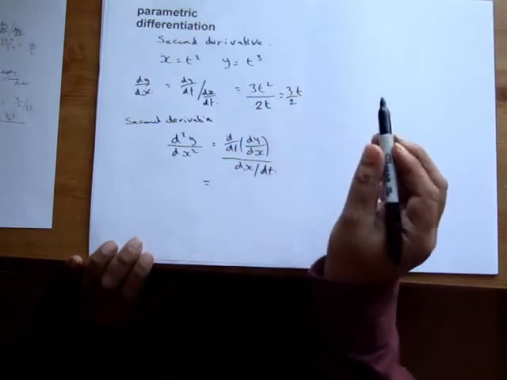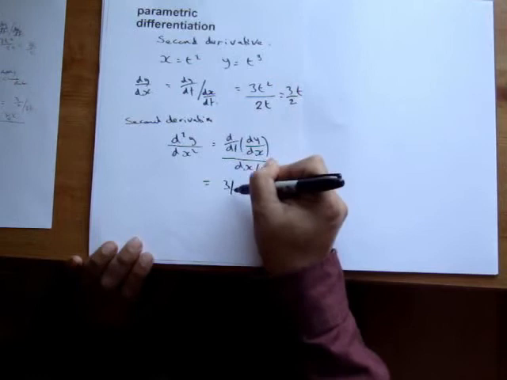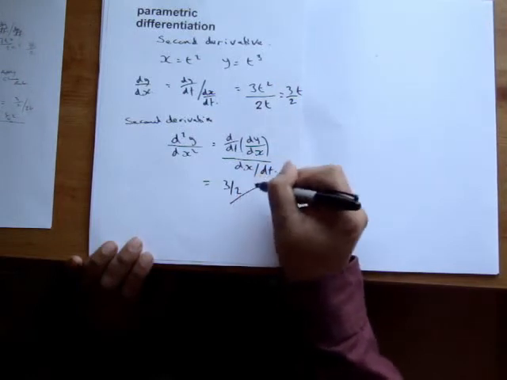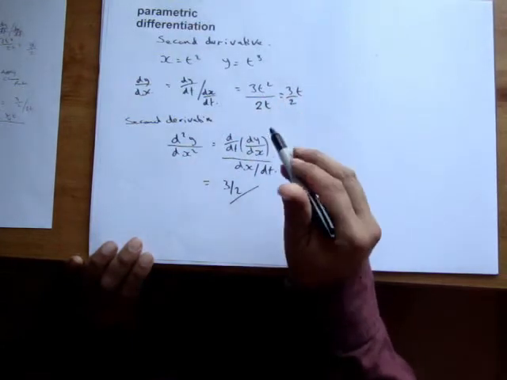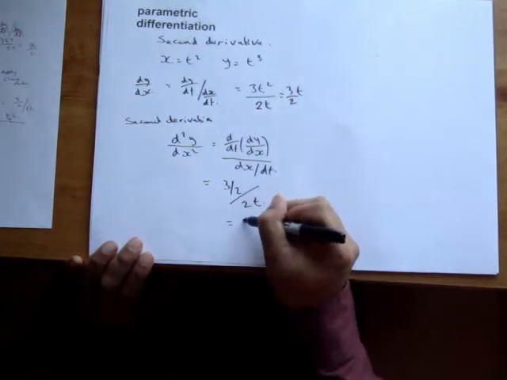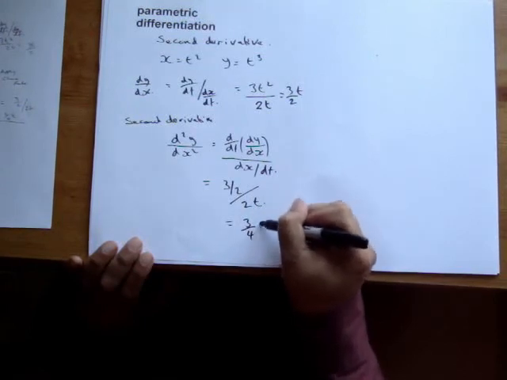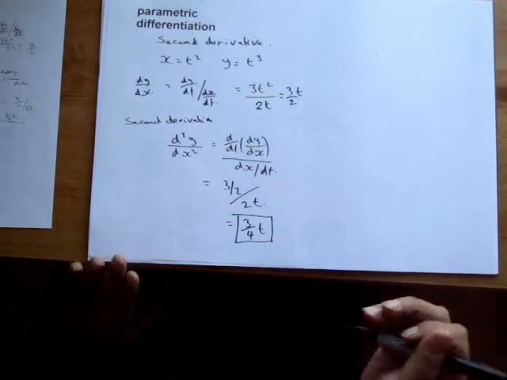This becomes 3 over 2, divided by dx by dt, which we have there, which was 2t, which is 3 over 4t. And that is our answer.